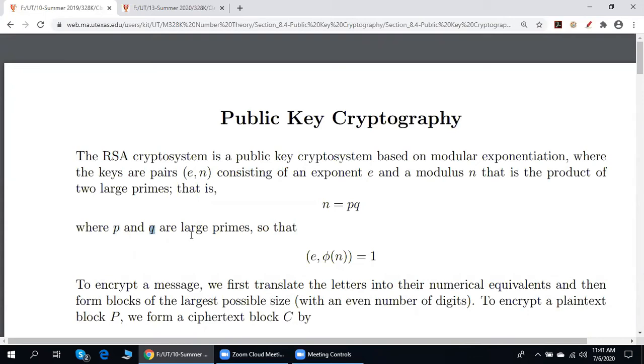P and Q are large prime numbers. What do we mean by large? Large means it is very hard to factor n without knowing P and Q. So P and Q are supposed to be gigantic prime numbers.